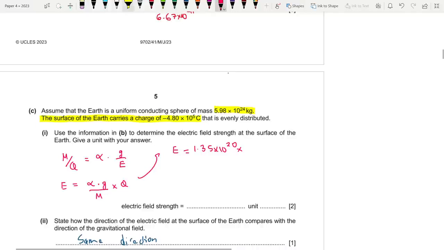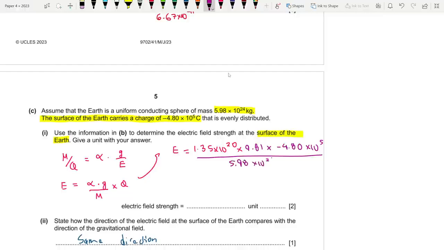Times g, which is the value of g at the surface of the earth, right? So that is actually equal to 9.81 times q, which is minus 4.80 times 10 to the power 5, and the whole thing will be divided by the mass, which is 5.98 times 10 to the power 24.